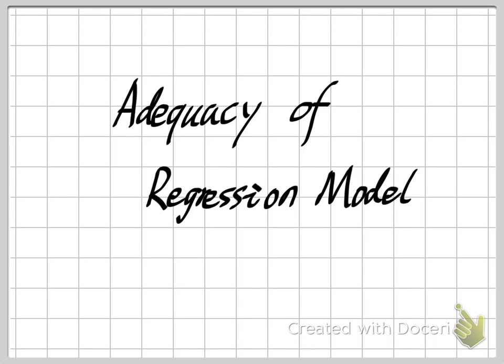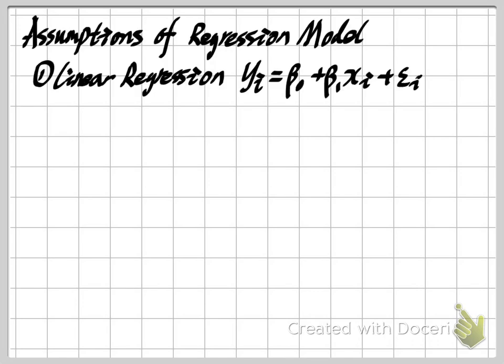So let's first look at what assumptions our model has when we want to construct a linear regression model. Of course, the first one is how we can write our model. We always write our linear regression model as y equals beta 0 plus beta 1 x plus our error term.